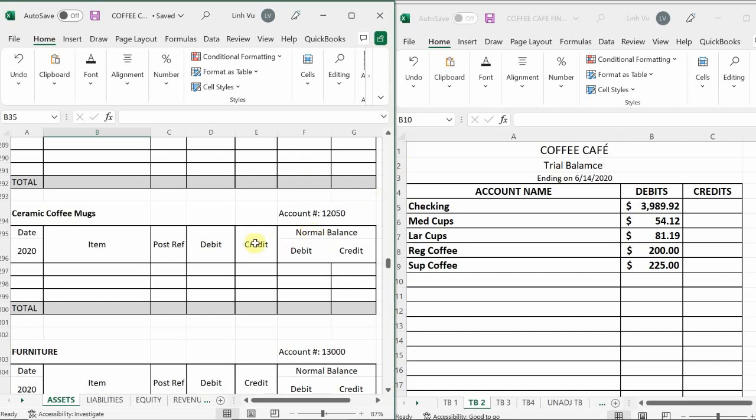Why do I not have any of my coffee mugs here? This is the question, right? Because you have to ask yourself, oh no, I thought I remember journalizing that I received the coffee mugs. Well, where are they?